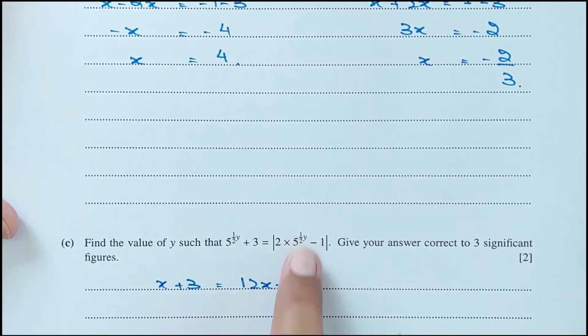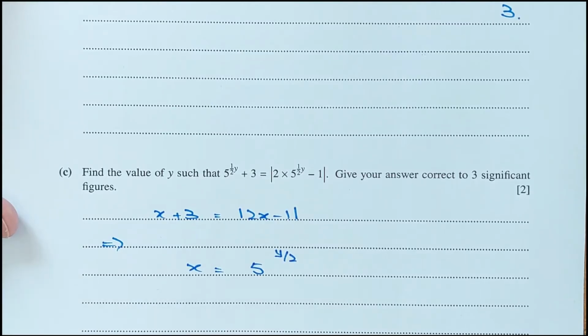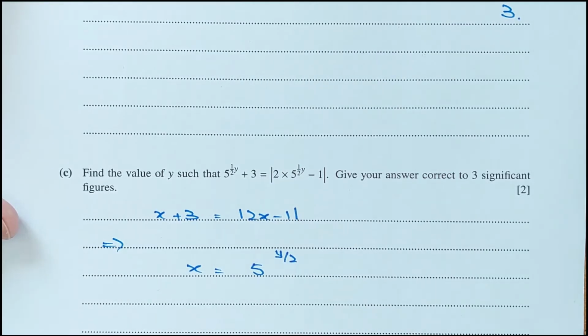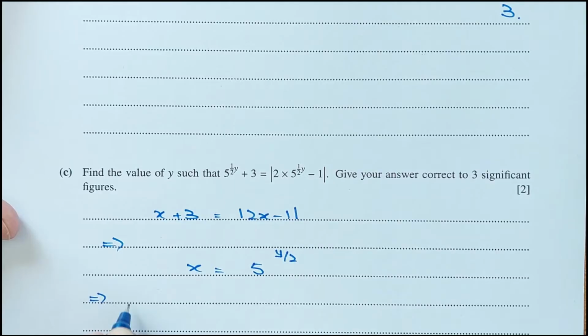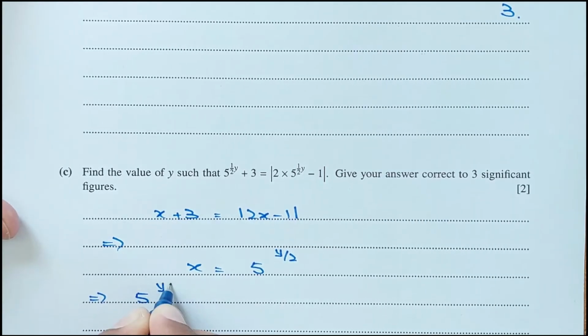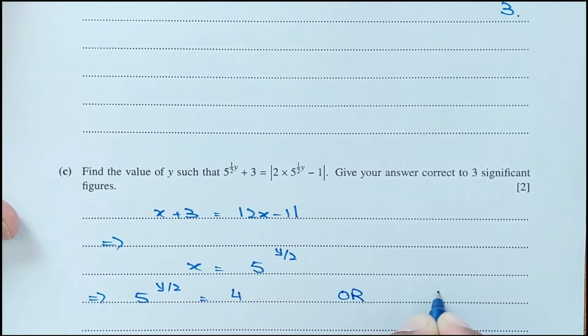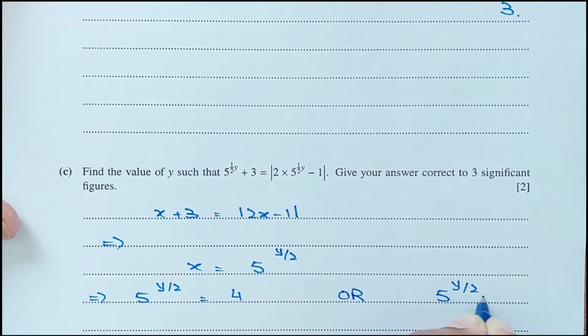So here we can say x is equal to 5 power y by 2 basically, right? And we have two solutions for x. So from here we can say 5 power y by 2 is equal to 4, or 5 power y by 2 is equal to minus 2 by 3.